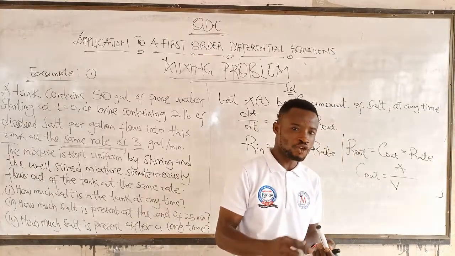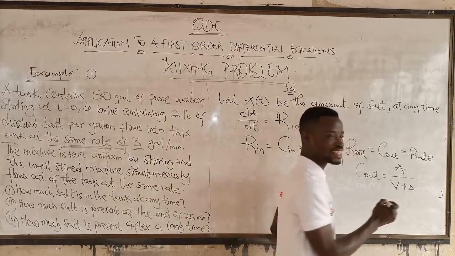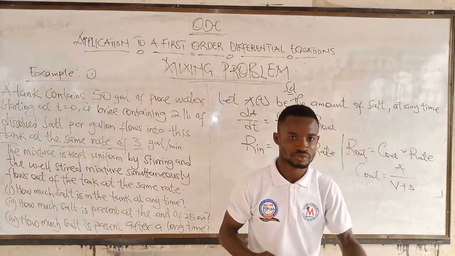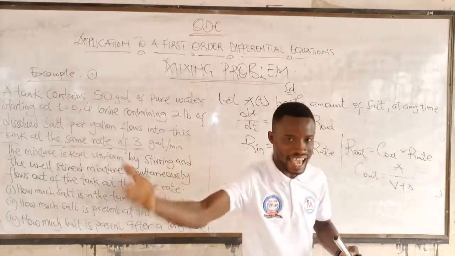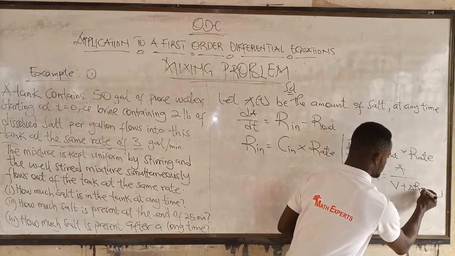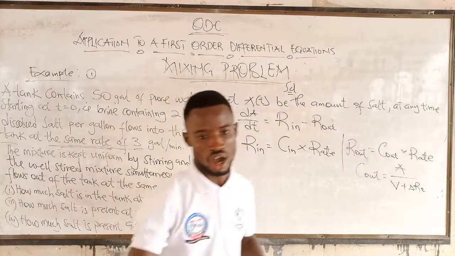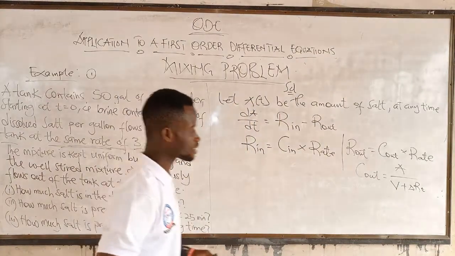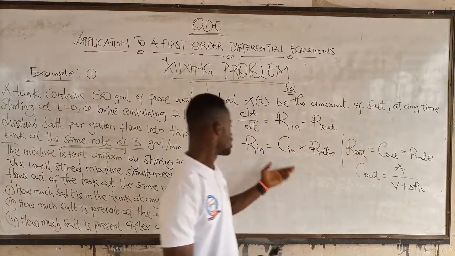And not only the volume, but it's supposed to be plus the change in the rates per time. So that is RT. That is the change of the rates per what? Time. Alright, so don't forget this.